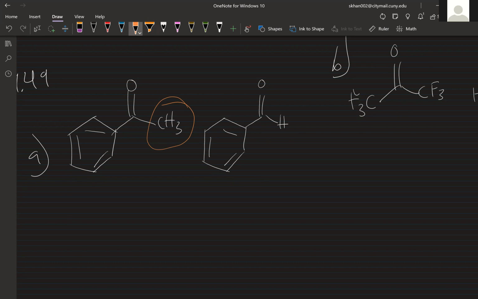In terms of the CC bond here, you would expect this not to be very polar. If anything, this can donate a little bit of electron density into the ring through hyperconjugation.